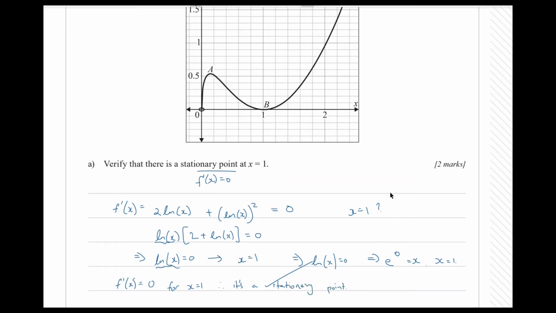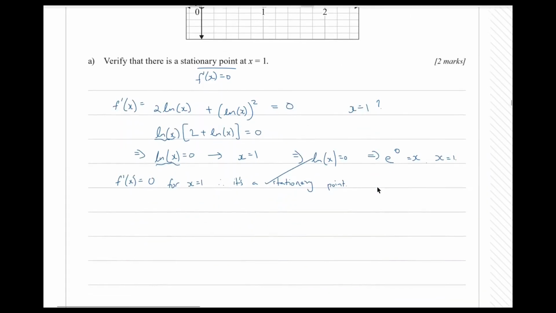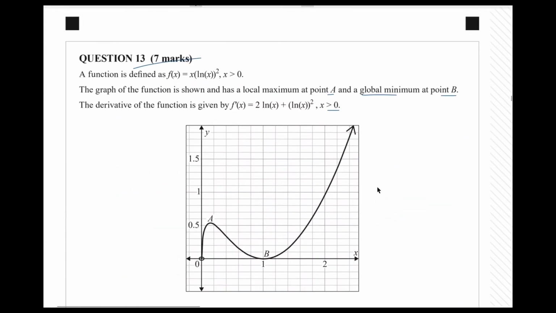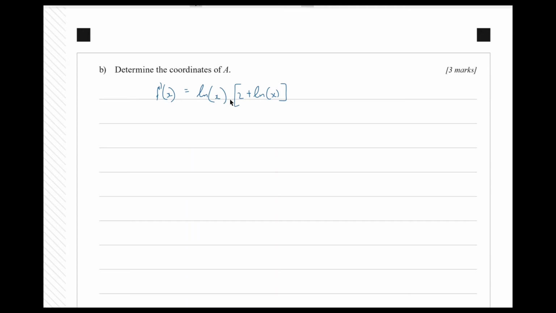I think you can get away without writing the sentence, but I always like to answer the question. Determine the coordinates of A. So A is our local maximum. If you write the factorized form of our derivative from part A, we know that f dash of x is ln x times 2 plus ln x. This led to x equaling 1.